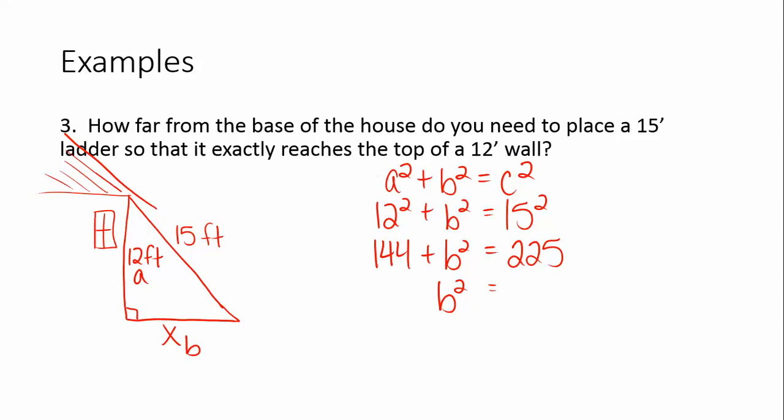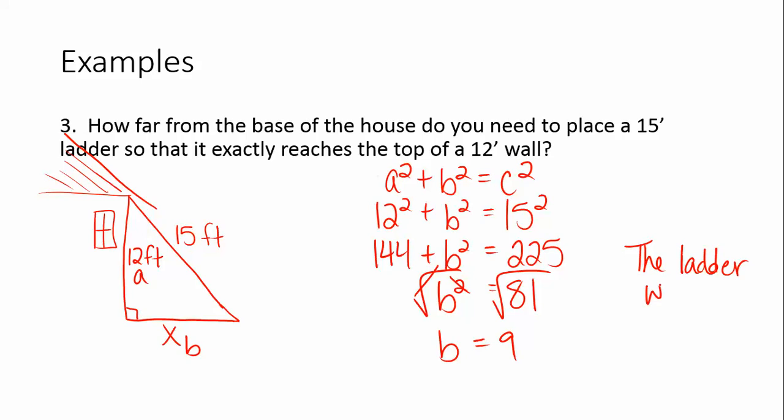We do 225 minus 144 and get 81. Square root both sides, and we find that b is 9. So the ladder will be 9 feet from the base of the house.